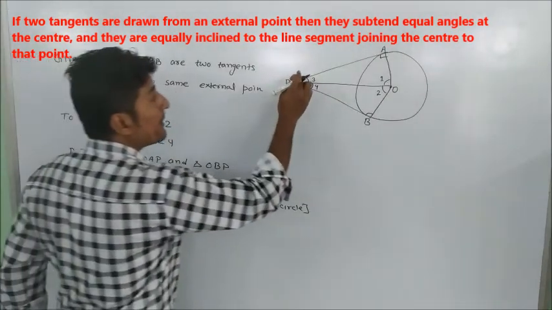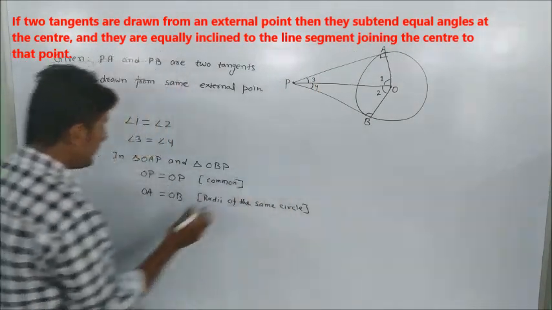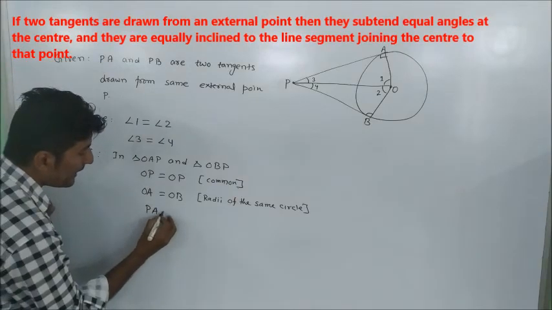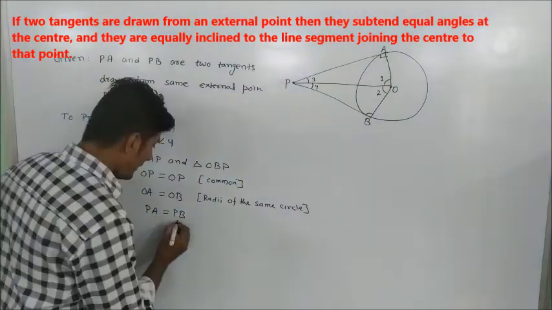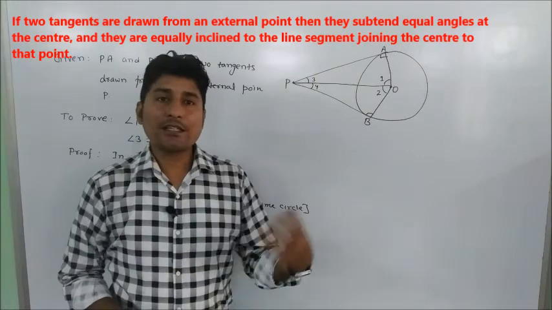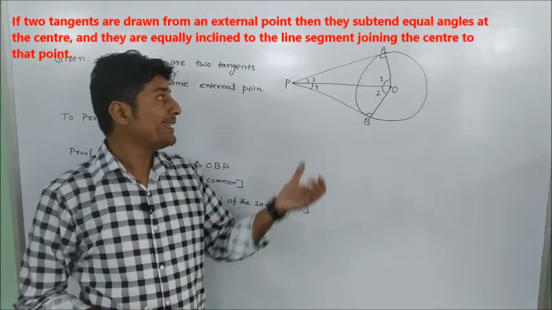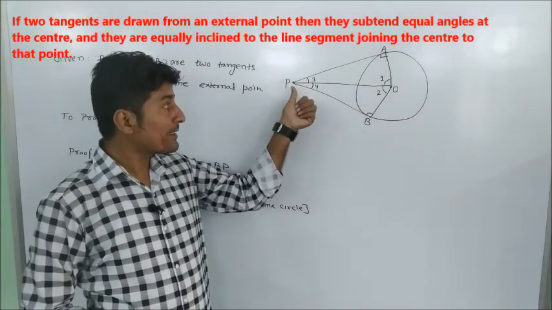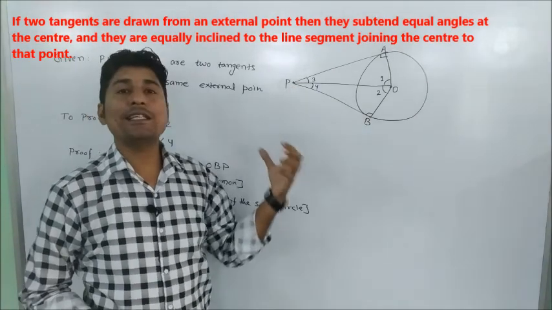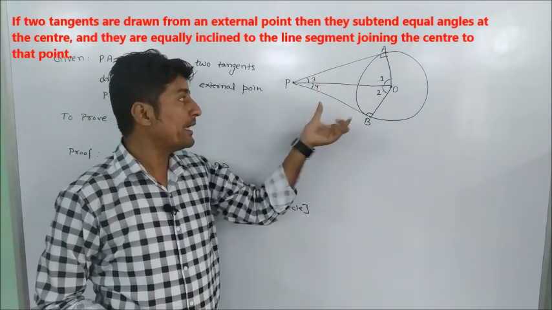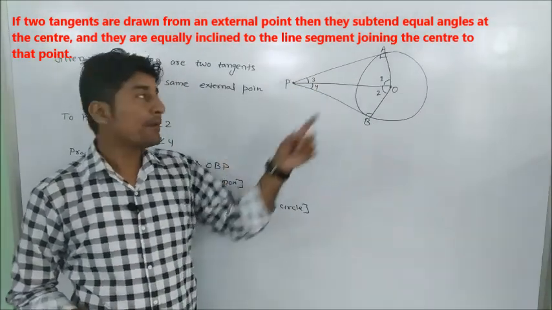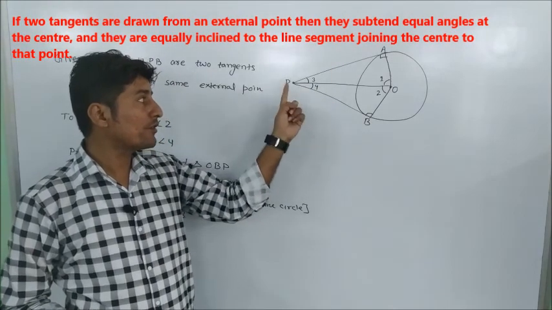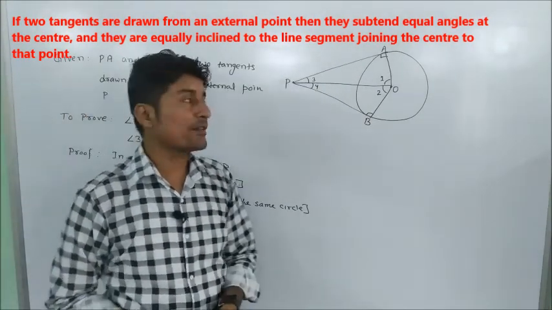After that, the measurements of PA and PB will be equal. PA equals PB. Just now we have proved that the lengths of tangents drawn from the same external point are equal. That means PA and PB both will be equal because these two are the lengths of tangents drawn from the same external point.